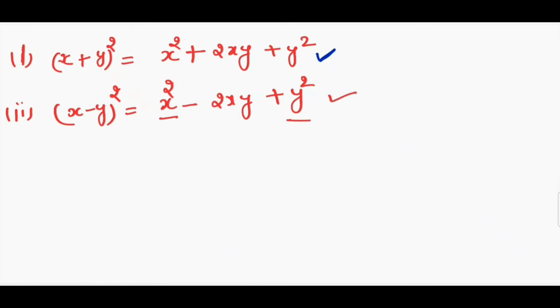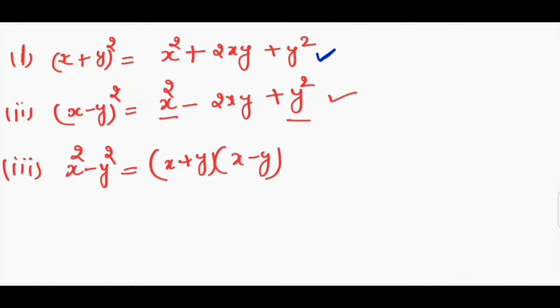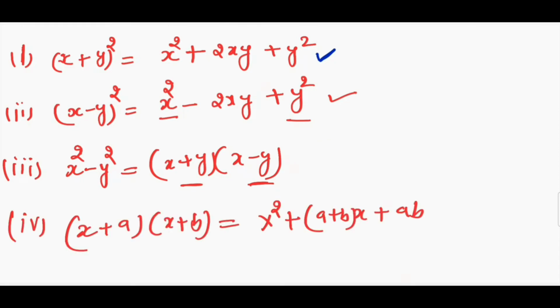This also you have to remember. Next, the third identity is x^2 - y^2 = (x + y)(x - y). The fourth identity is (x + a)(x + b) = x^2 + (a + b)x + ab.